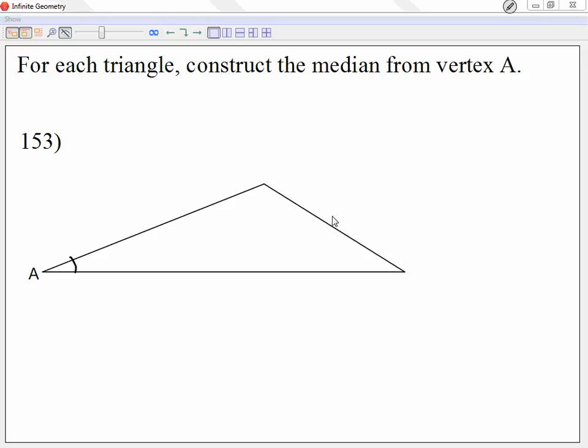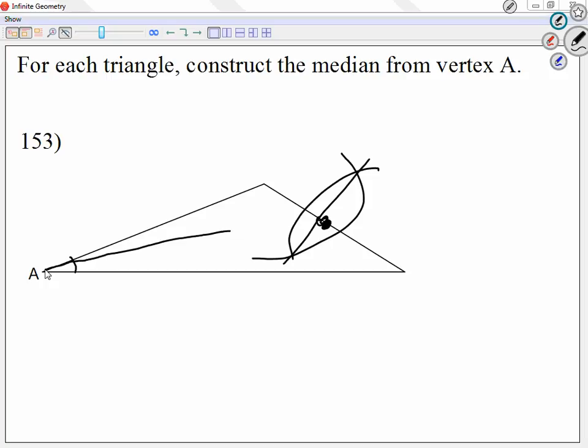And we know how to find the midpoint, right? Perpendicular bisector goes through the middle. So let's just say it went there. But I'm not going to do it because remember, it was something like this. It goes through the middle. I'm freestyling it. So I know how to find this midpoint. The median, you connect that angle to that midpoint. So that will be the median from angle A.